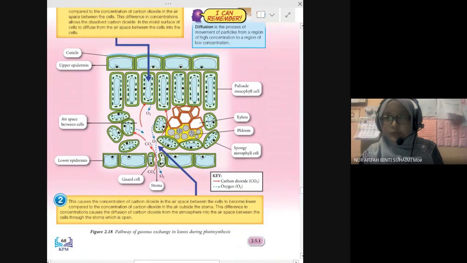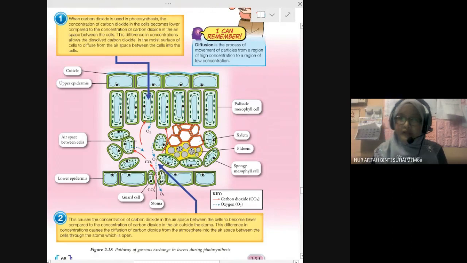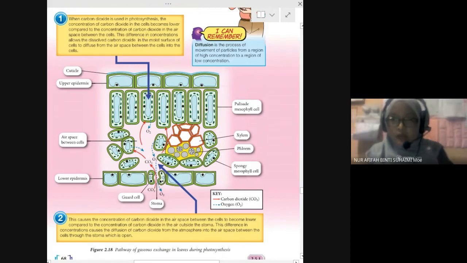We know that the leaf has stoma that allows the movement of oxygen and carbon dioxide in and out of the leaf. Human needs oxygen to respire, but plant needs carbon dioxide to produce glucose to make food for the photosynthesis process.